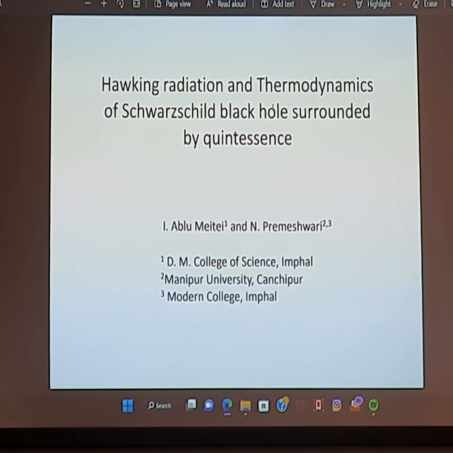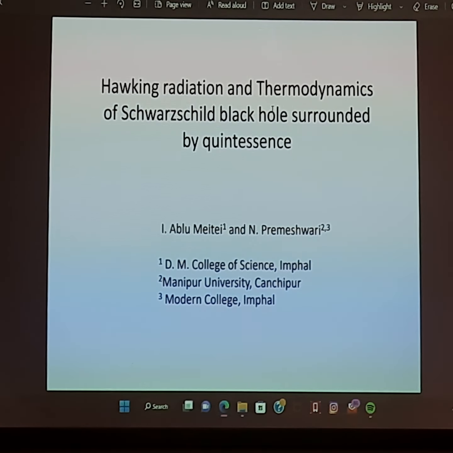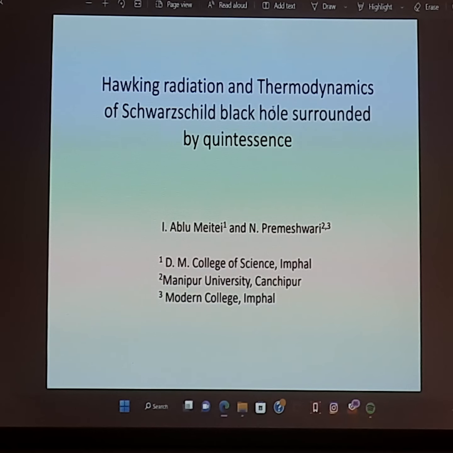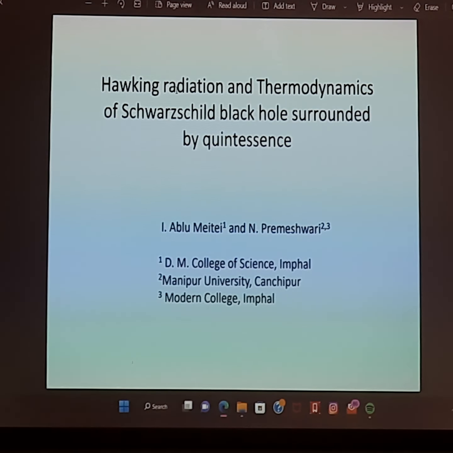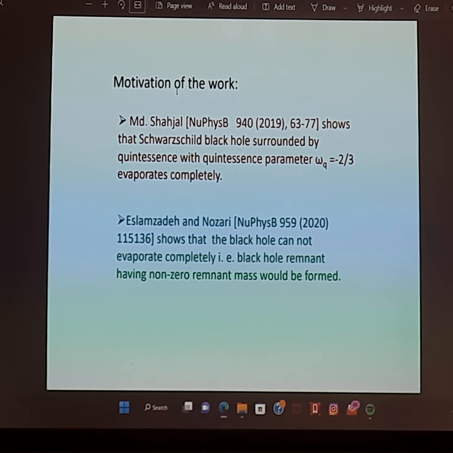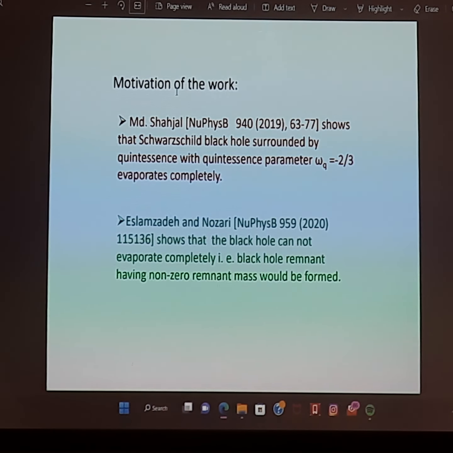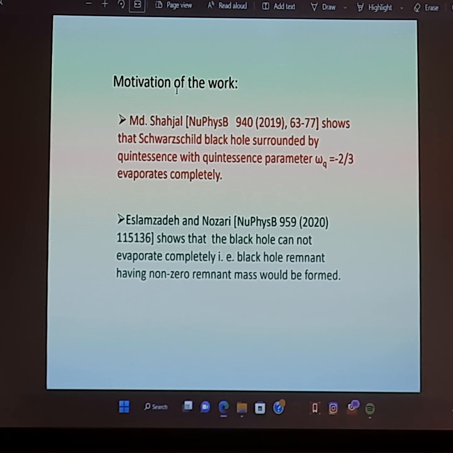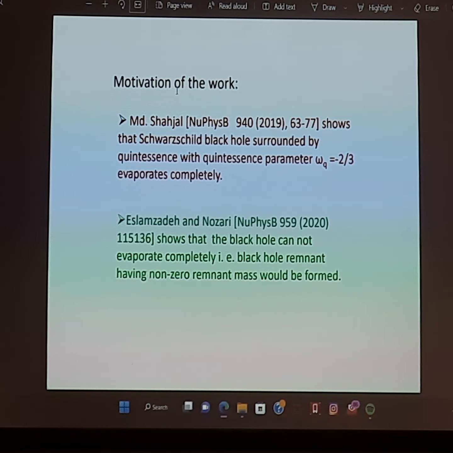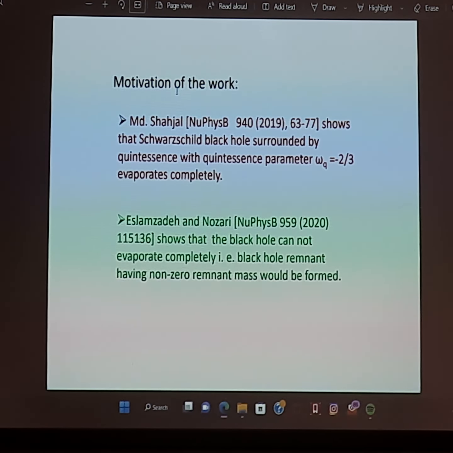The motivation of the present work is that we found two different ideas about the black hole remnants of a Schwarzschild black hole surrounded by quintessence.